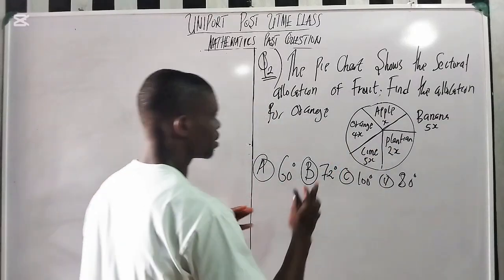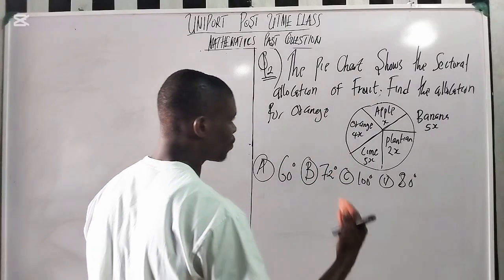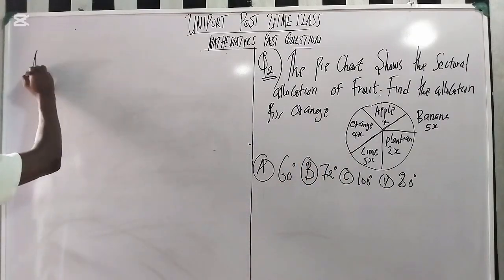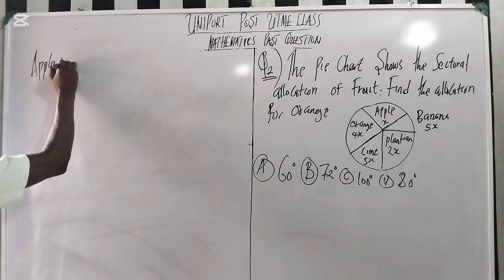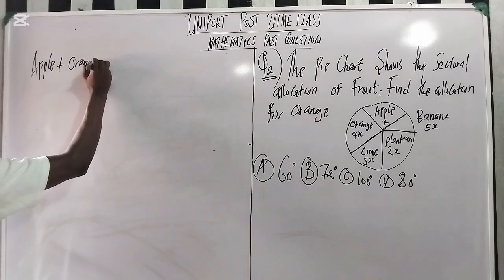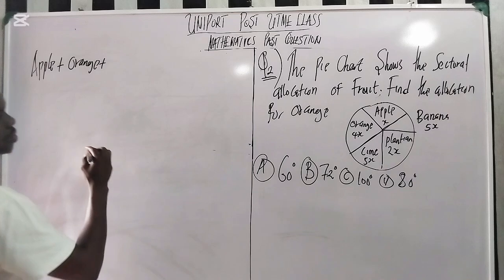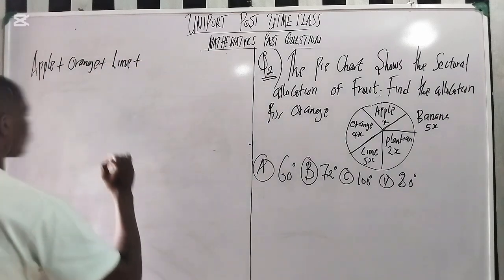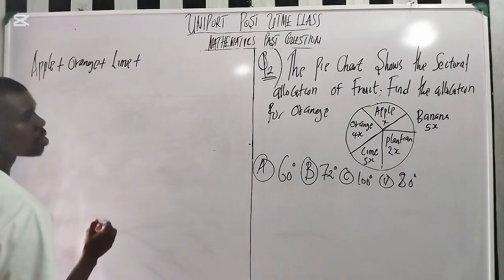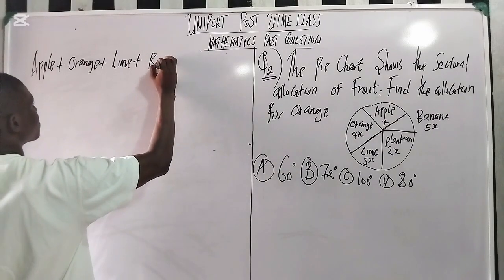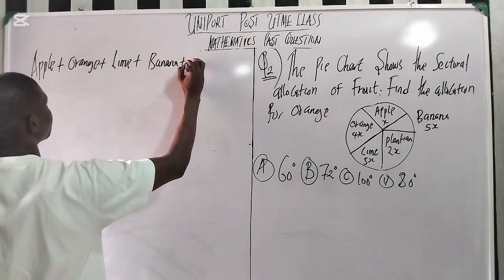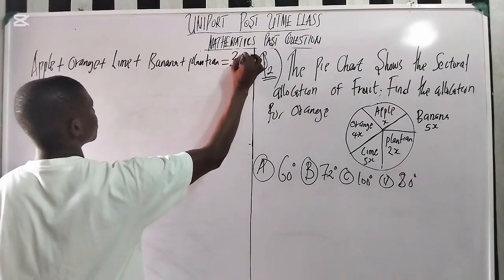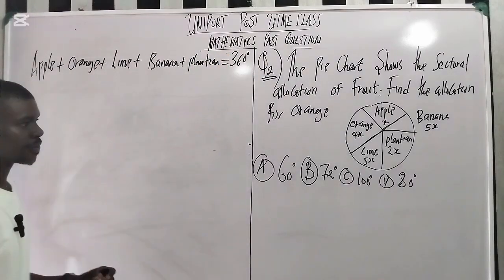So what we want to do here is apple plus orange plus lime plus banana plus plantain equals 360 degrees, right?